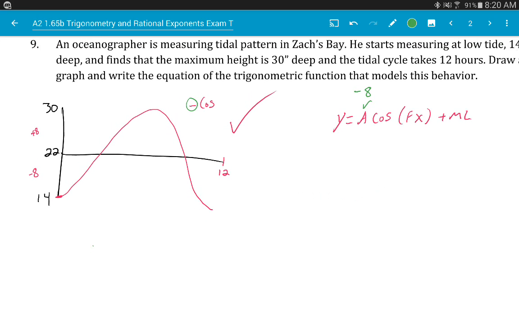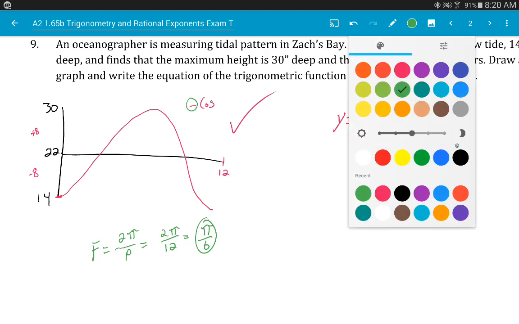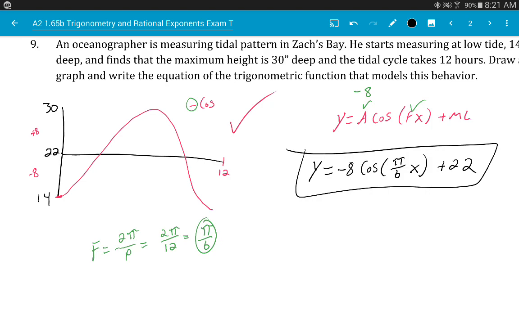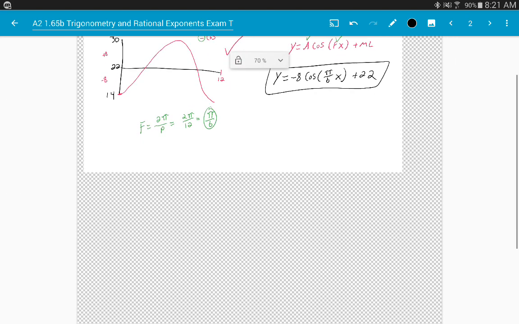The frequency is equal to 2 pi over period, which is 2 pi over 12, which is pi over 6. So I got that now, and the midline is 22. So my formula is y equals negative 8 cosine of pi over 6 x plus 22. And both parts of this, the graph and the function, give us full credit here.